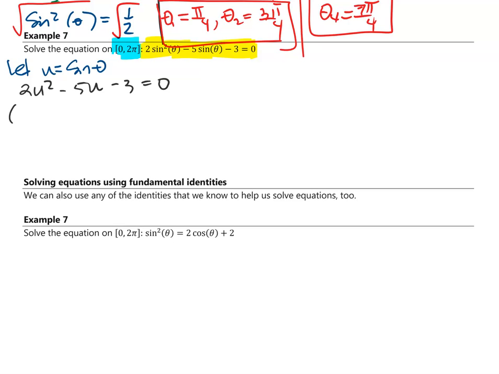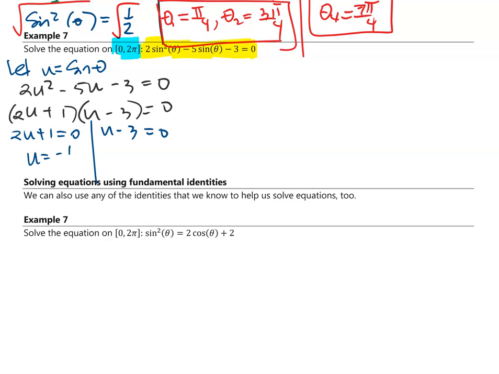And the factors of this, 2u squared, 2u times u, and then 1 and negative 3. 1 times negative 3 is negative 3. 2 times negative 3 plus 1 is negative 5. Then set each factor to 0. Then solve for u. So here u is equal to negative 1/2 and u is equal to 3.